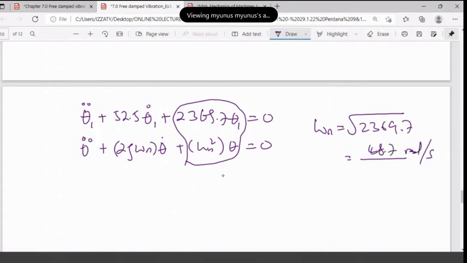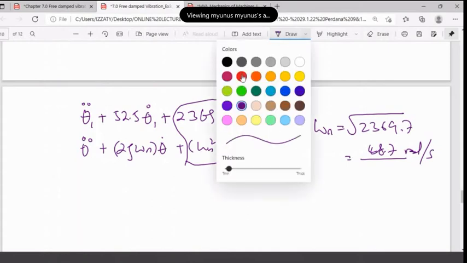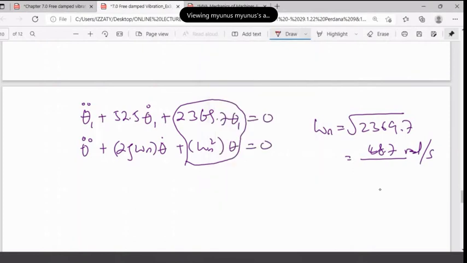And the next thing is the question asking you to find the damping ratio, for example. So the damping ratio will be presented by the second term of the equation. If you look at the second term of the equation, theta 1 and theta will be cancelling. So you have 2 zeta omega n is equal to 52.5.